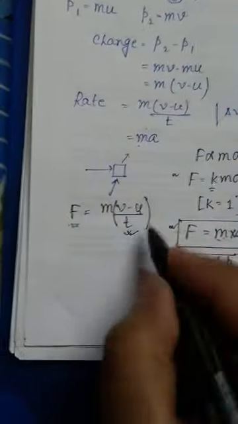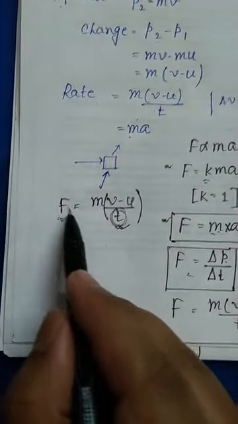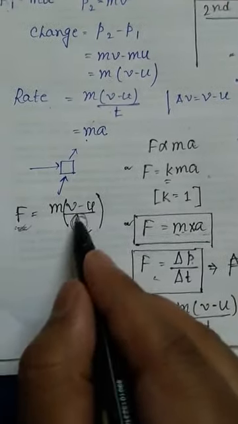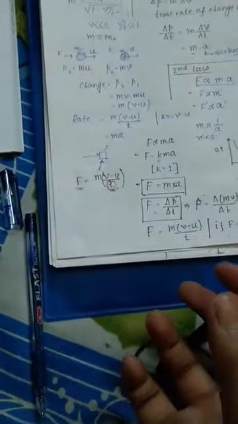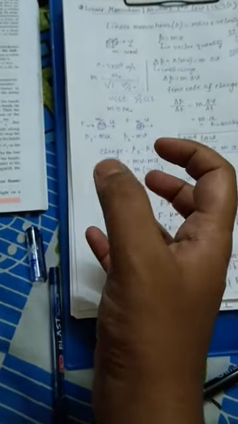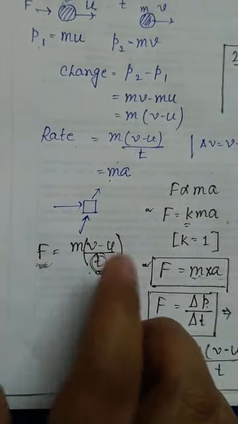Since time is in the denominator, if we increase the time, the force exerted by the ball will decrease. We are giving more time to decrease its velocity. But if you keep your hand straight, the ball is just stuck on your hand and your finger will break. Is it clear? That's why we give more time.